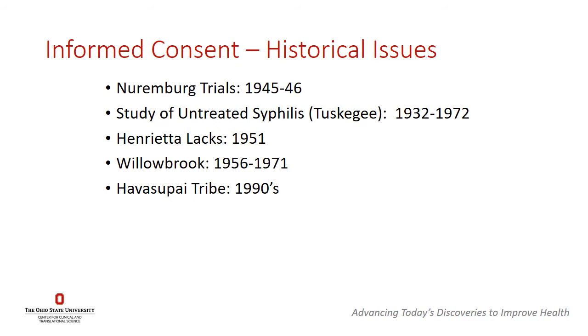The study of untreated syphilis, often named as the Tuskegee syphilis study, occurred amongst rural black men in America. These African American men living in Tuskegee, Alabama, were enrolled in a trial that aimed to study the natural history of syphilis. They were led to believe that the serial lumbar punctures done to examine cerebral spinal fluid were actual treatments for syphilis.